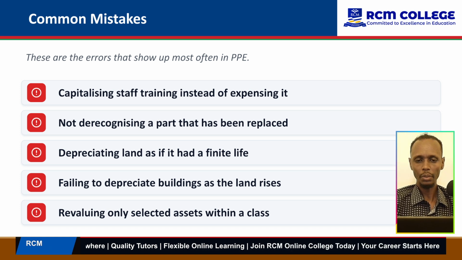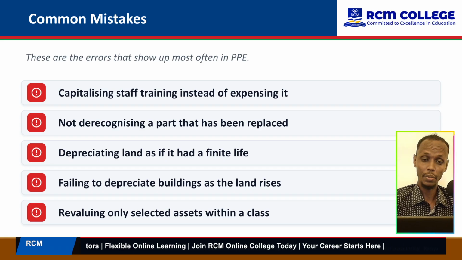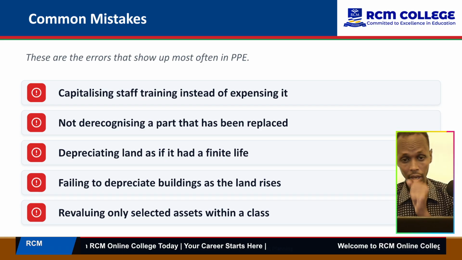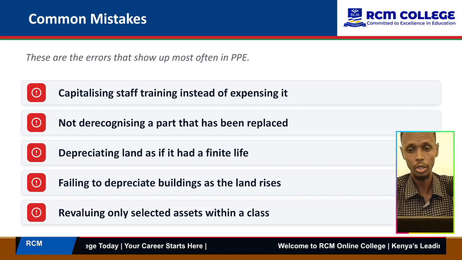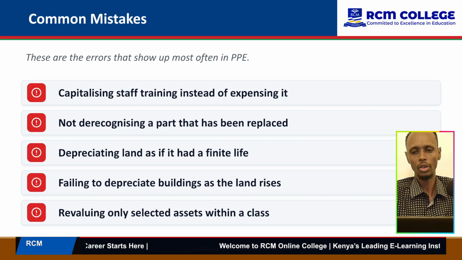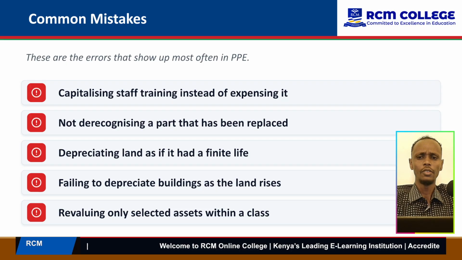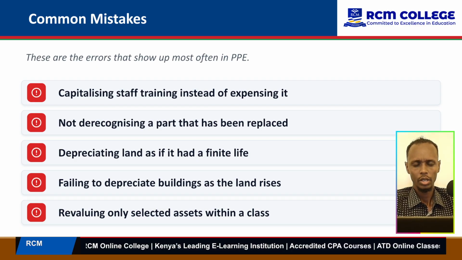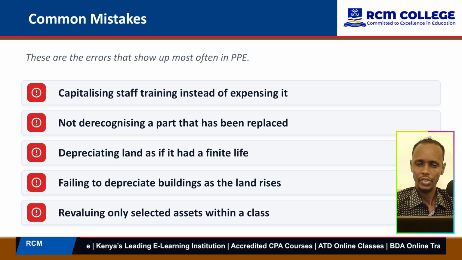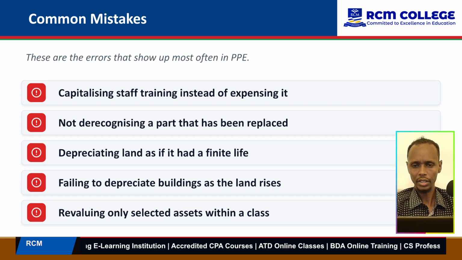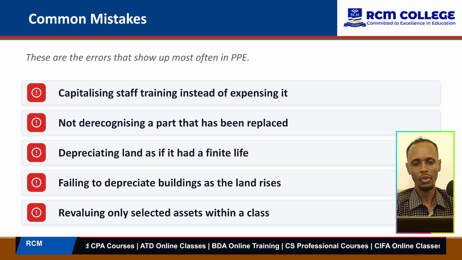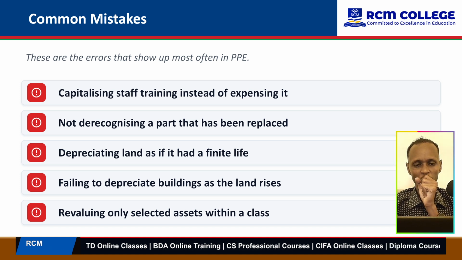So when you replace a component like the engine, you can refer back to the original supplier and ask how much the initial cost was, and you derecognize that part from your books. You derecognize both the depreciation amount and the cost of that part you have removed from your books.